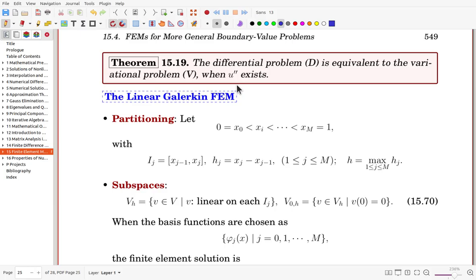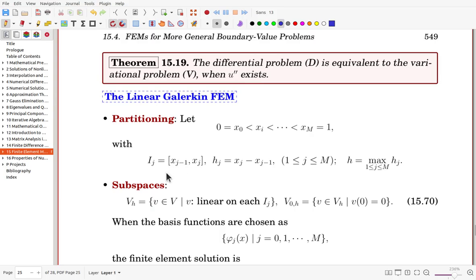Let's focus on the linear case and also Galerkin. The Galerkin method is a weighted residual approach. Okay, let's go through the finite element design step by step. Again, we have 4 steps. In the beginning, partitioning. So the given interval must be partitioned.